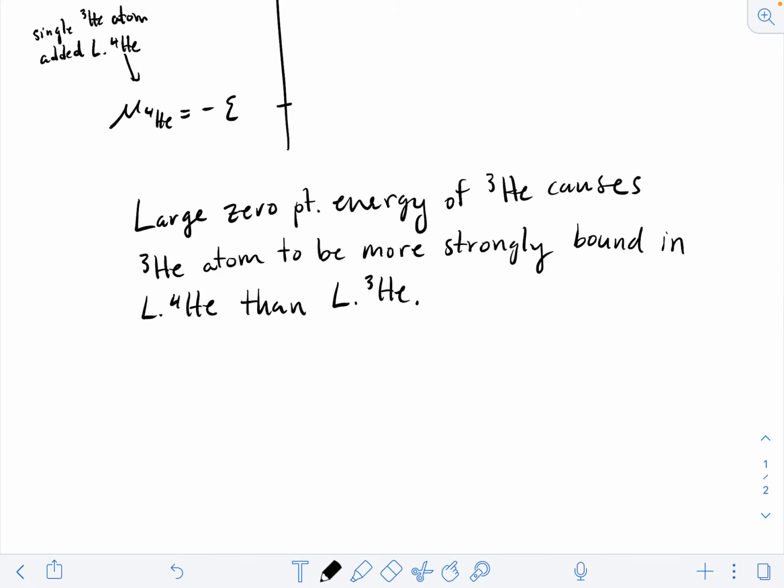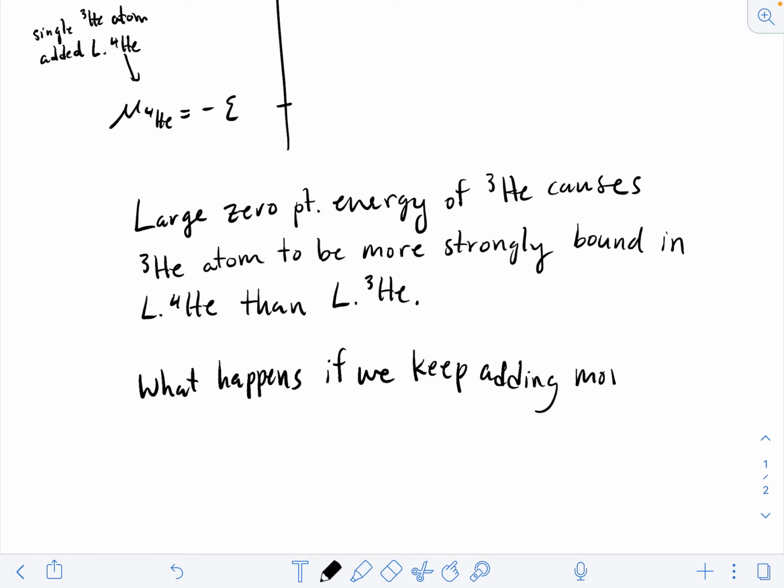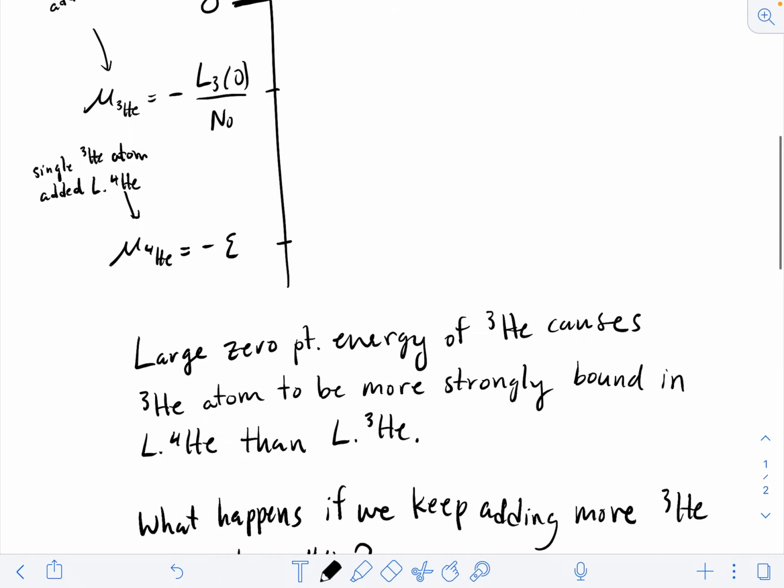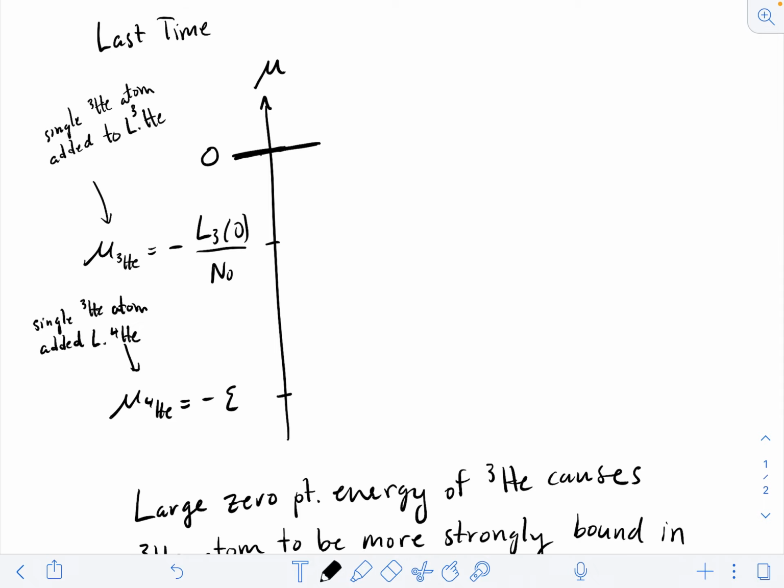So the question we want to ask today is, what happens if we keep adding more helium-3 atoms to liquid helium-4? So I'm going to make a horizontal axis on this plot, and that horizontal axis is going to represent the concentration of helium-3 in liquid helium-4.